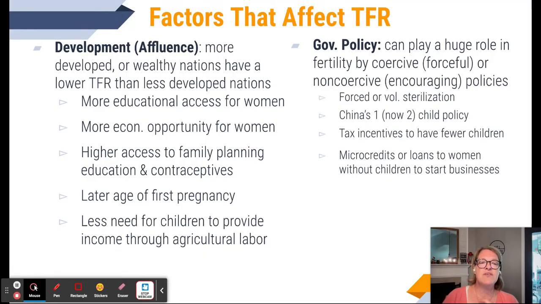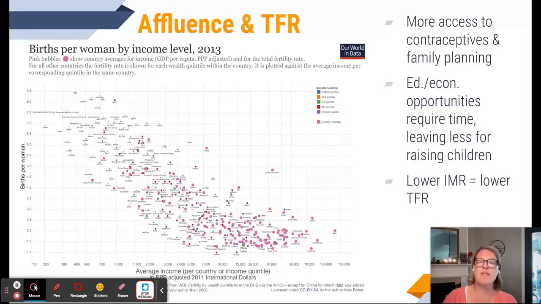And this can even lead to things like forced or voluntary sterilization. So after you have one child, you become sterilized, so you can't have any more. And then tax incentives to have fewer children, credits or loans to women without children to actually start businesses. So all of these factors are kind of points of or factors that reduce that total fertility rate.